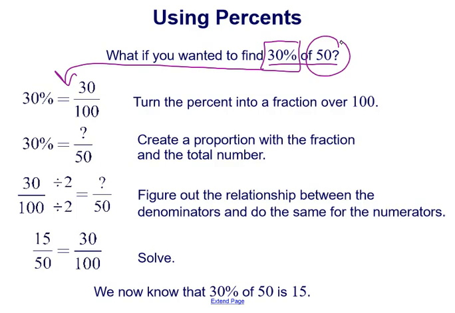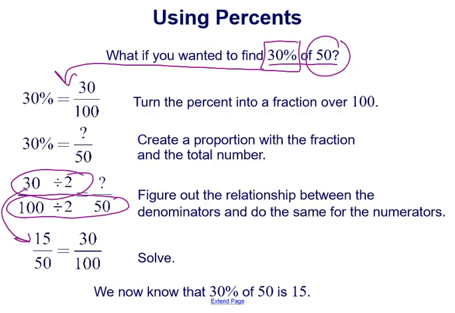How are we getting from 100 to 50? We're dividing by 2. So since we divided 100, that denominator, by 2 to get 50, we can do that to the numerator. We can divide the numerator of 30 by 2 to get 15. So 30 divided by 2 is 15, so that's our unknown amount.